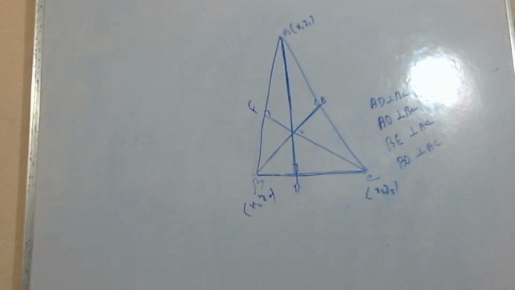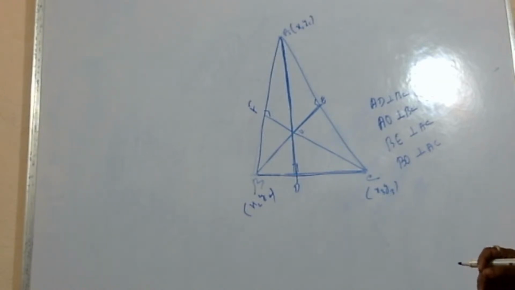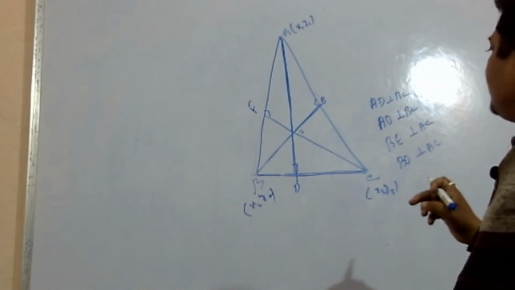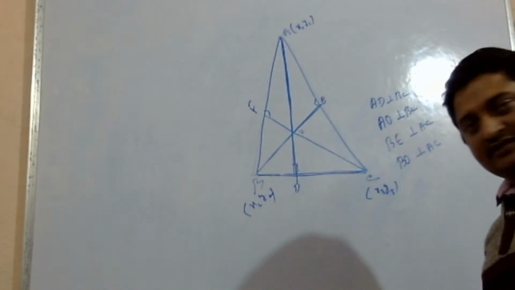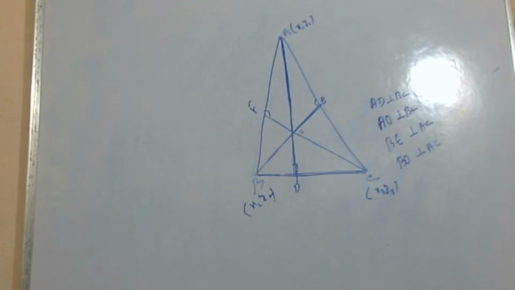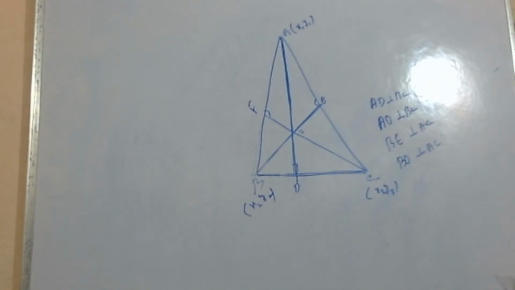Now here see. We have to prove that AO is perpendicular to BC. Point A is given as x1, y1.